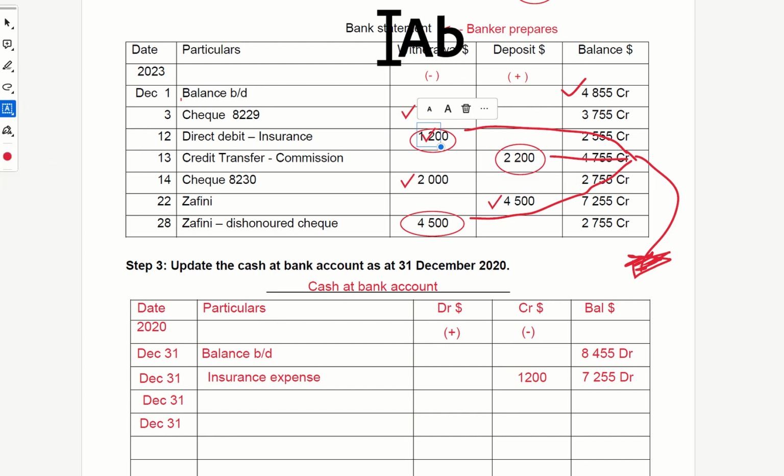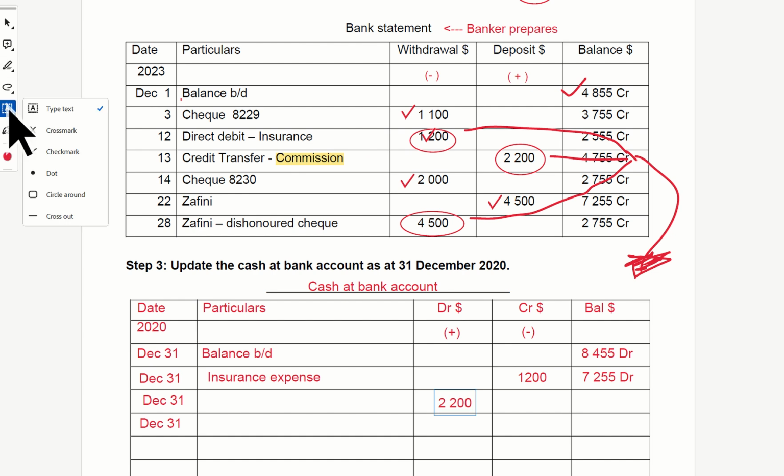Next one, in the bank statement there's a deposit of 2,200. So in the cash at bank account, there's a deposit of plus 2,200. I put it inside the cash at bank debit, plus column. What is the other account that is affected? It is commission. Is this commission income or commission expense? That was deposited in your account, which means you got some money, so it must be income.